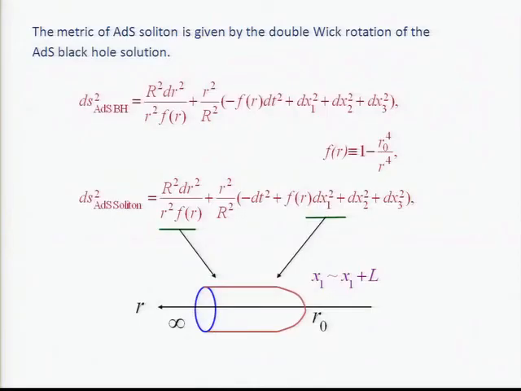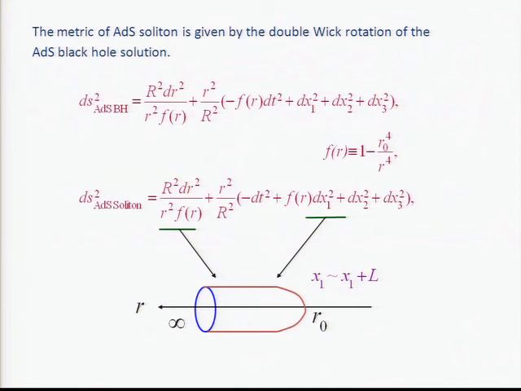So what is the AdS Soliton? AdS Soliton is very simple, just a double Wick rotation of the AdS black hole solution. This is a well-known AdS black hole solution, the black brane solution. f(r) is a function, and this is embedded in AdS5. This f(r) goes to 0 at the horizon. But now we exchange this t with the other x direction.